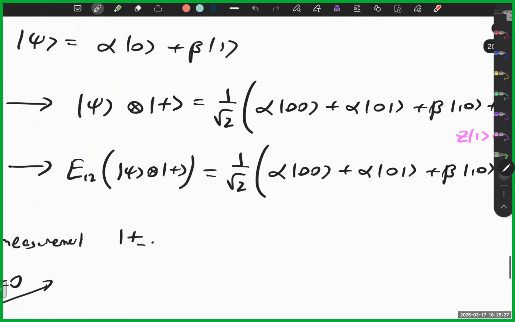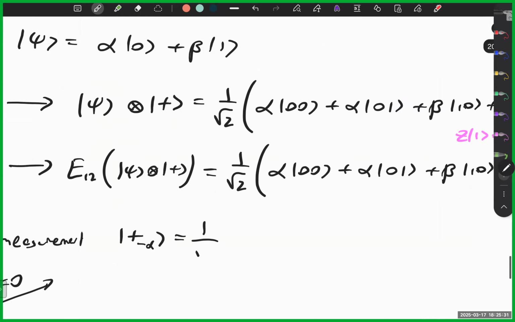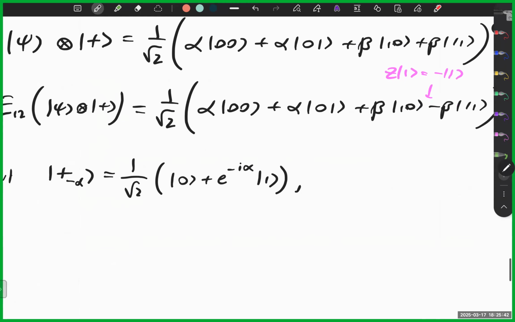So it will be the minus alpha state, which is the 1 over square root of 2, 0 plus E over minus I alpha 1, and the minus alpha is the same state with the minus sign in between.